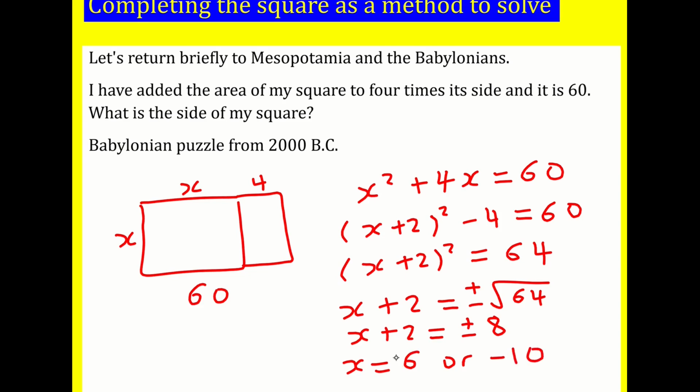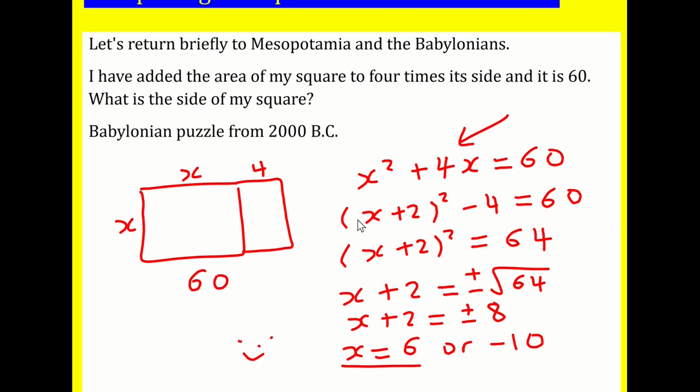So for the Babylonian, in our situation, it's just going to be 6. That is going to be the side length, the side of my square, and we're done. For us, more generally, if we were just solving this equation to start with, we would also include the minus 10. And essentially, this is how we can use completing the square to solve quadratics.